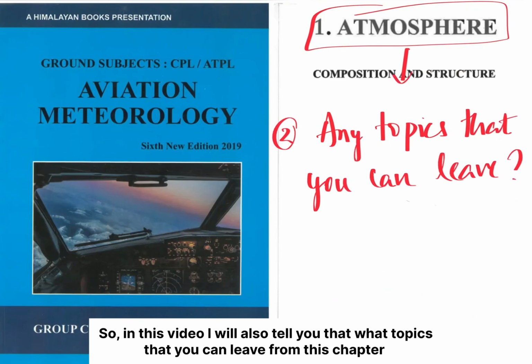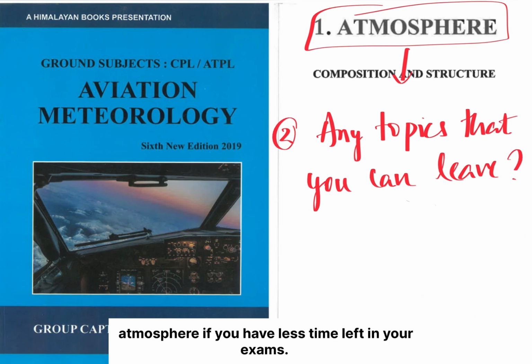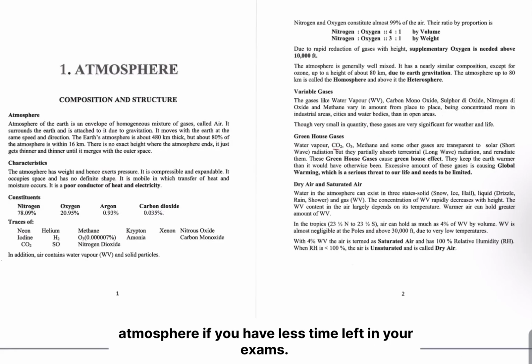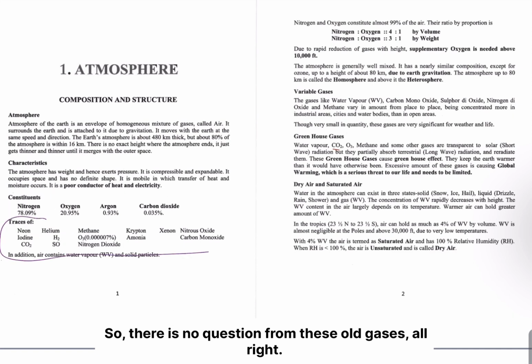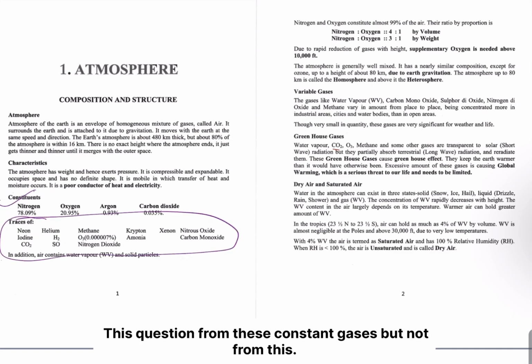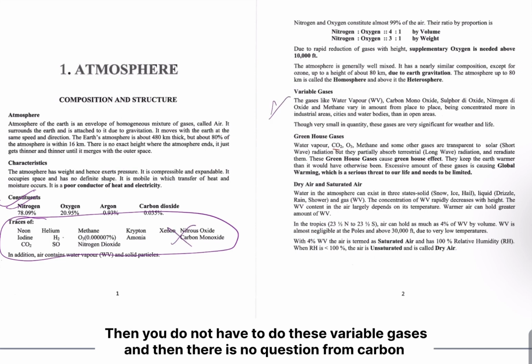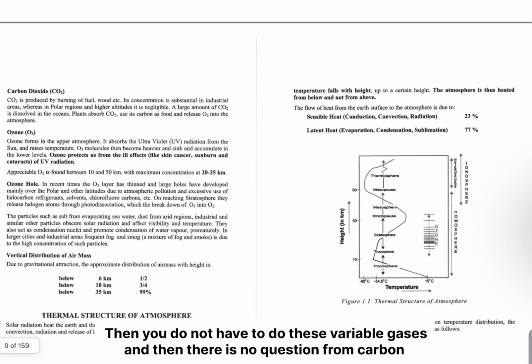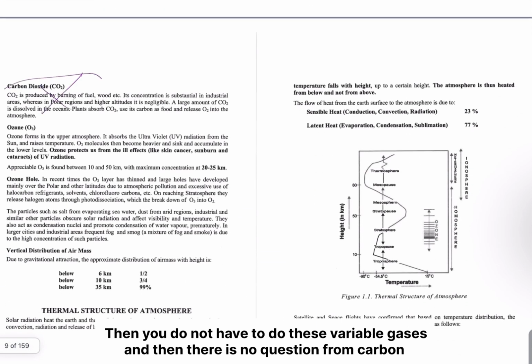In this video, I'll also tell you what topics you can leave from this chapter, atmosphere, if you have less time left in your exams. There's no question from all these gases. There's a question from these constant gases, but not from this. Then you don't have to do these variable gases, and there's no question from carbon dioxide.